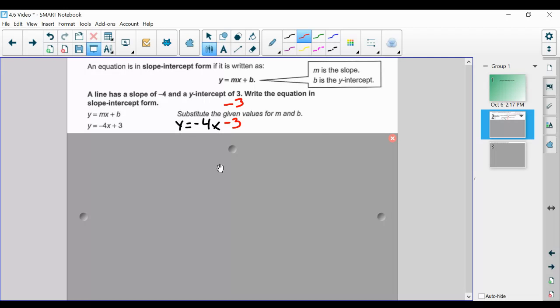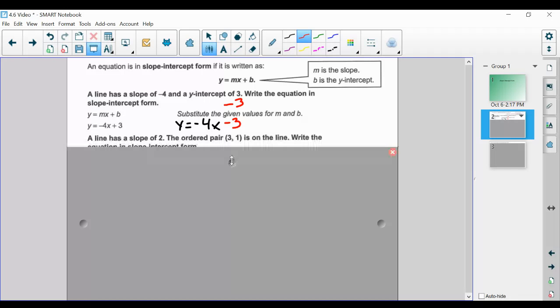Awesome. So now it's going to ask you, a line has a slope of 2 and the ordered pair (3, 1) is on that line. We want to write the equation in slope-intercept form. So when we look at what we're given, the slope is our m value. We're given an ordered pair, which is our x and our y value. So we need to find the y-intercept.